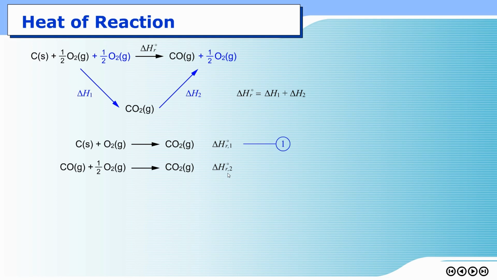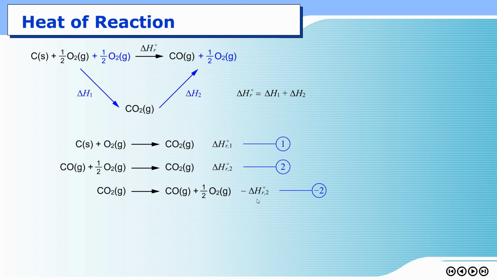If you take the first equation to be equation 1, and this is the second equation, the reverse of the second equation is what we use for delta H2. Let me call this one equation -2. When you reverse from product to reactant and reactant to product, the heat associated with it should have the sign change.